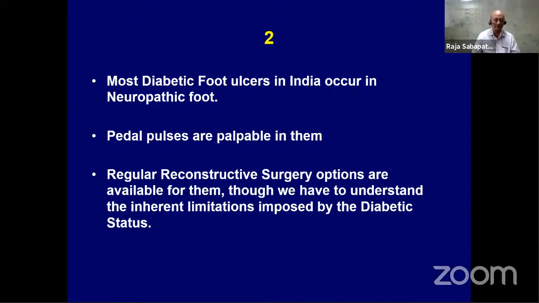The second point is we are working in a system where most of our diabetic foot ulcers in India occur in the neuropathic foot. Surprisingly, we also found that in most of our patients who come with diabetic ulcers, a good palpable dorsalis pedis pulse is present. So we do have a vascular foot, but still ulcers happen.